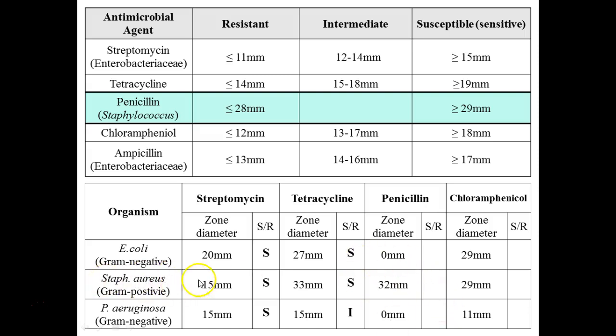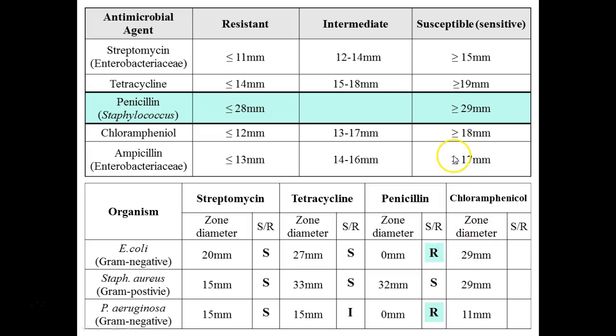Unlike Staph, the gram-positives, which penicillin is very effective against, you get that nice large zone. Penicillin has to be 29 or greater, and definitely the case here. So we have 2 naturally resistant gram-negatives and then a sensitive gram-positive.